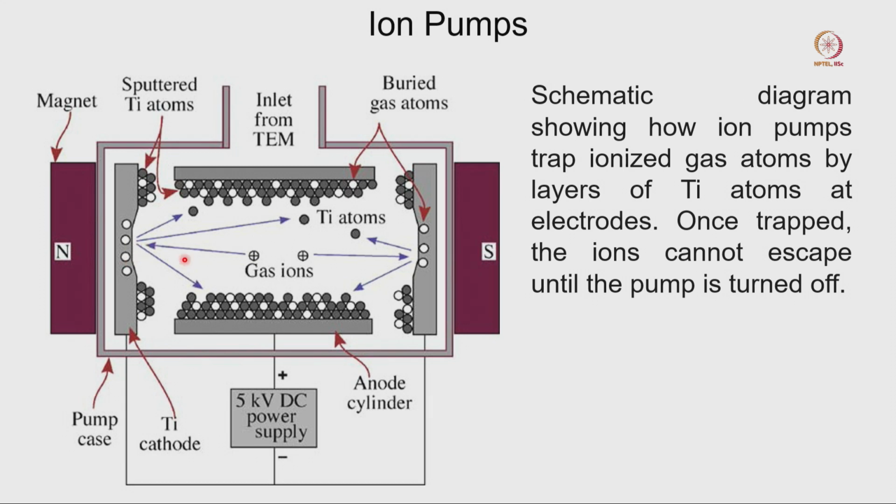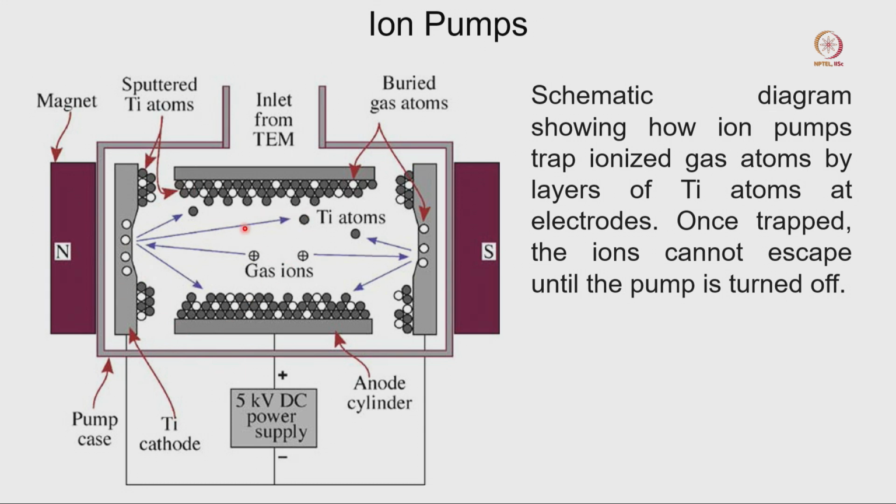Now, when there is a very small amount of gas, this gas will go inside, and there is a high voltage across the cathode and anode, which helps to ionize the gas molecules into different ions. There will be positive ions and negative ions, and now this titanium is going to play an important role here. Titanium is going to interact with those ions.